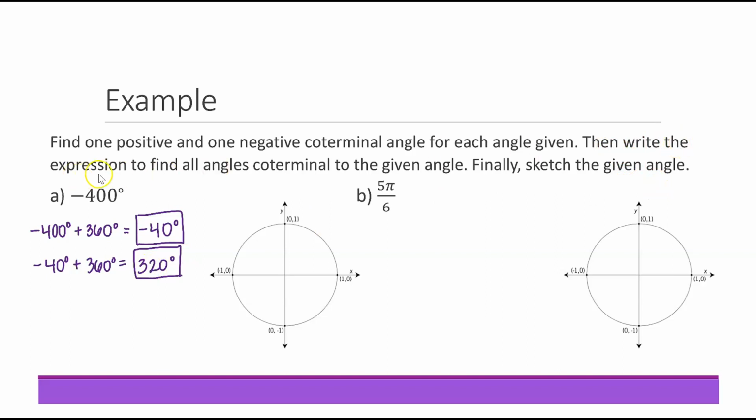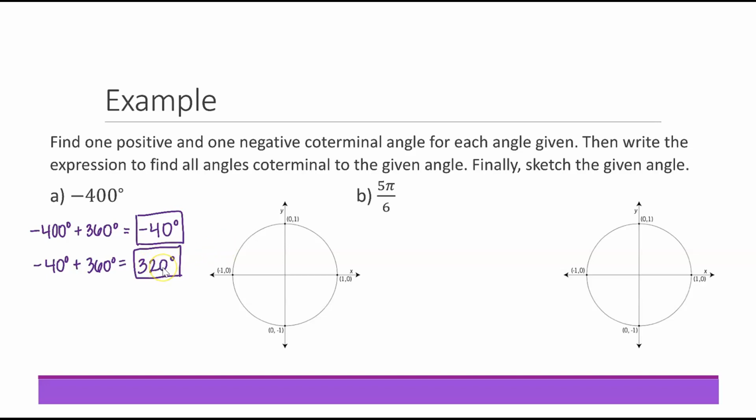Then I want to write the expression to find all the angles coterminal to the given angle. So we only found one of each. If we want to write the expression to find all of them, what we're going to do is we want the least positive coterminal angle. So here, we've actually already found that 320 degrees is going to be the least positive coterminal angle to -400. If I add another 360, that's obviously going to be bigger.